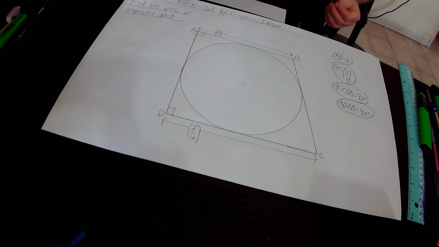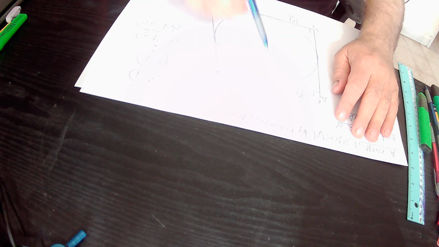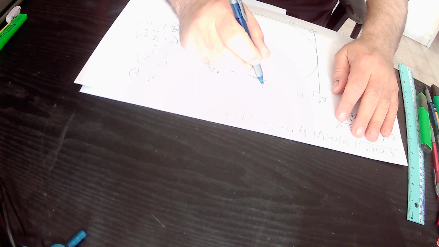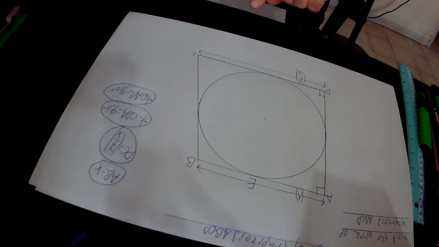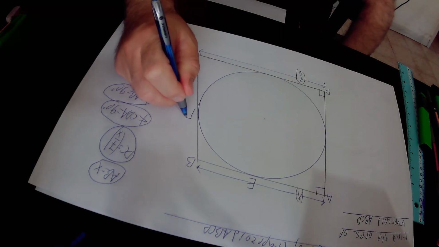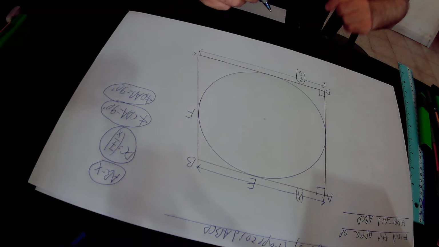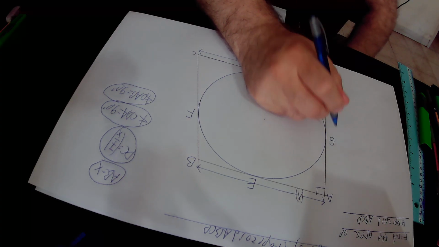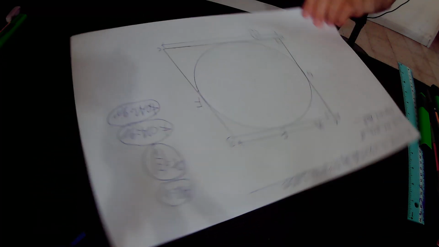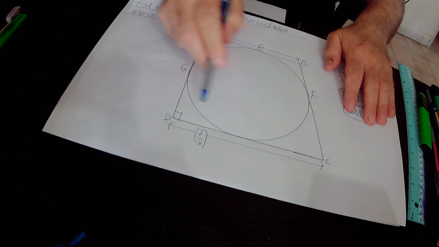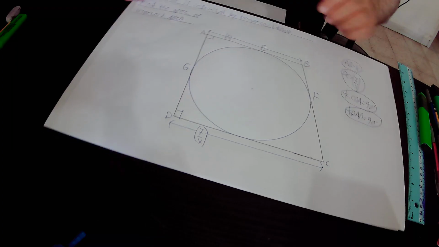We define the point of tangency of side AB with this circle as E. Likewise, we define the point of tangency of side BC with this circle as F. We define the point of tangency of side AD with this circle as G. And finally, we define the point of tangency of side DC with this circle as H.